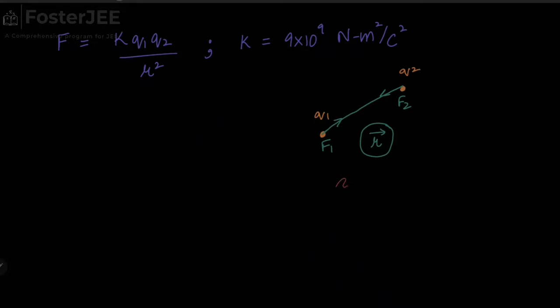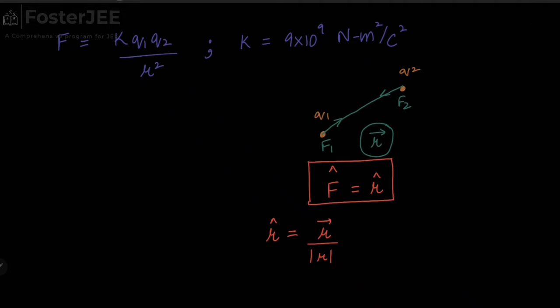So we can write f cap, which is the unit vector along the direction of force, equal to r cap, which is the unit vector along the position vector. Now r cap is a unit vector, so by definition it means vector divided by its magnitude.